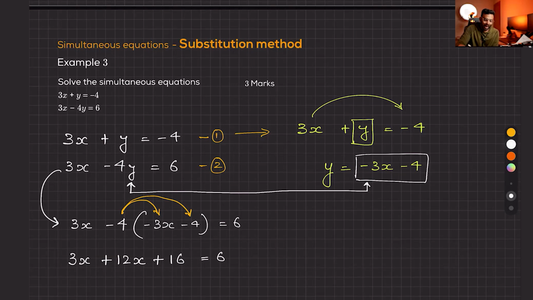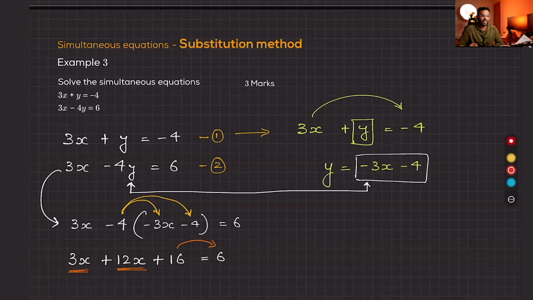Now, I'm going to add those two. Why can I add those two? They're like terms, isn't it? Yeah, they're like terms, so I can add them up. And at the same time, can I move this 16 to the other side? The number goes to the other side. So I'm just grouping all the terms in one go. Now, some of you might not have seen so many arrows.